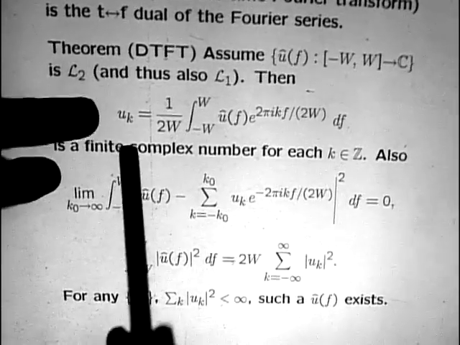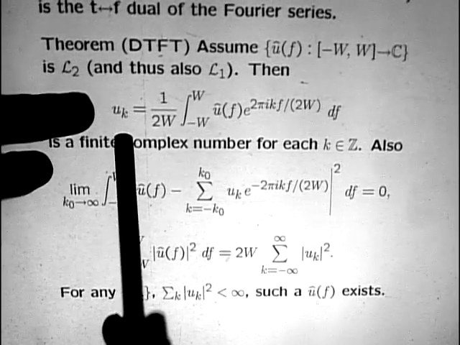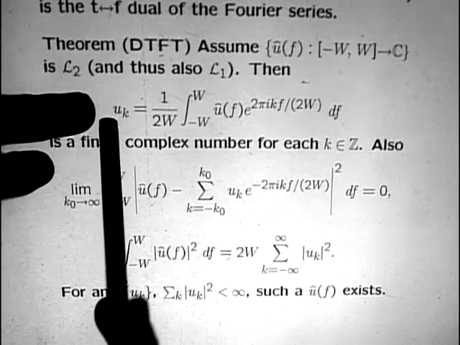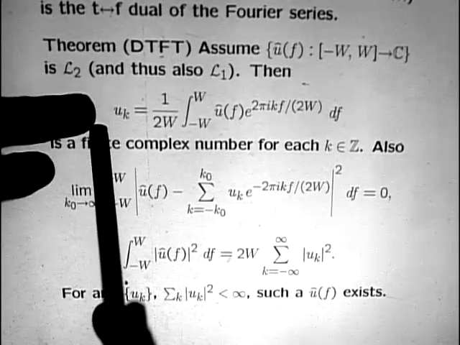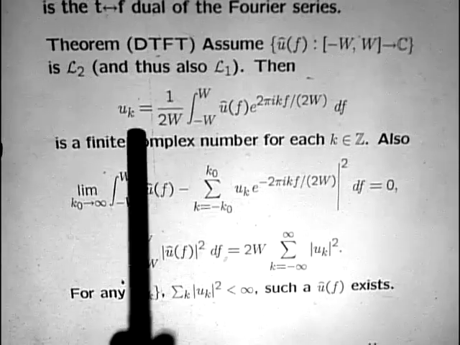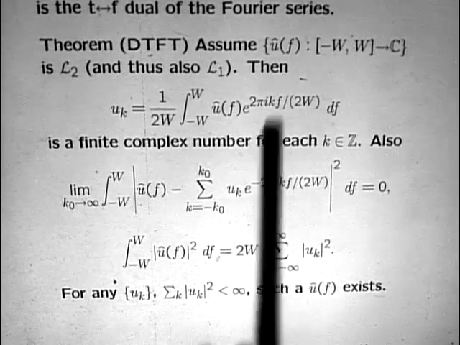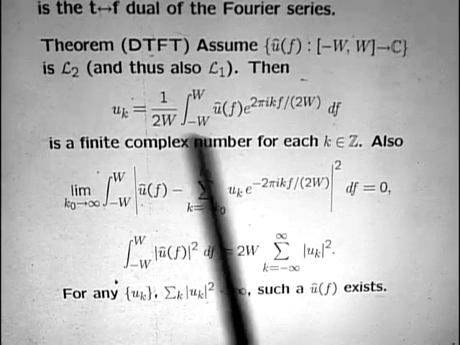Then we're going to take the Fourier coefficients. Before we thought of the Fourier coefficients as corresponding to what goes on at different frequencies. Now we're going to regard them as time quantities, and we'll see exactly why later. So we'll define these as the Fourier coefficients of this function. So they're 1 over 2W times this integral here.